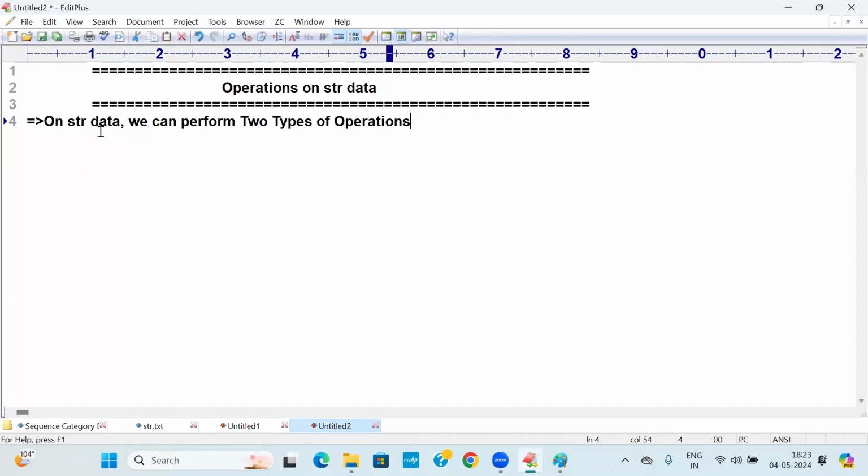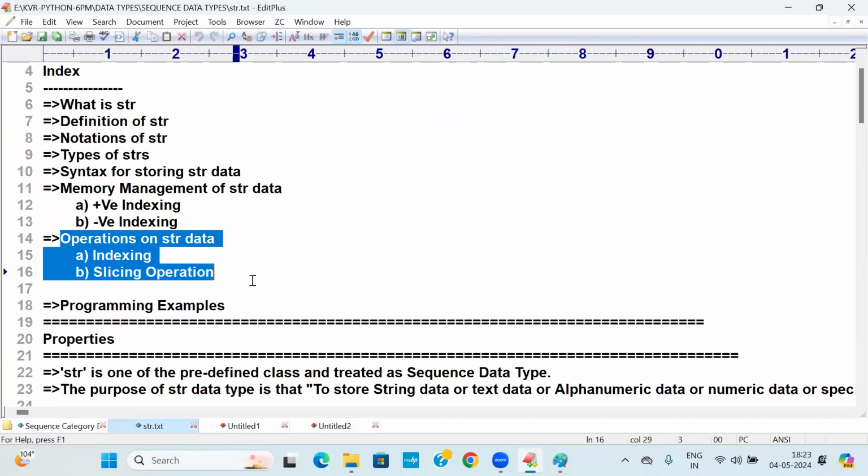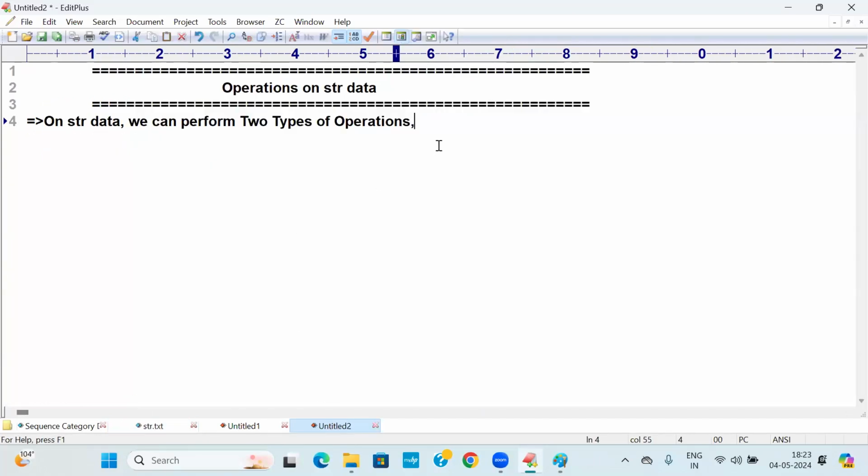At present, I am talking about two; further, I'll tell many operations, because I'm going to explain the subject in such a way that you can understand very well. Like academics, I'm not jumping from this topic to that topic. We have a certain style that you need to follow if you are interested. We can perform two types of operations. Number one, I'm going to talk about indexing.